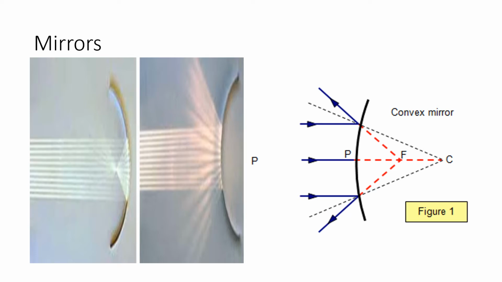When parallel light rays strike a convex mirror, the reflected rays are scattered. But when you extend the reflected rays behind the mirror, they will meet at a common point called the virtual focus.